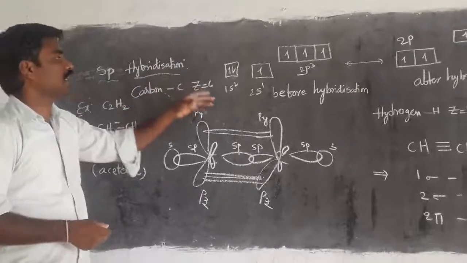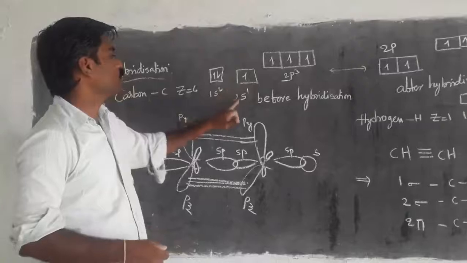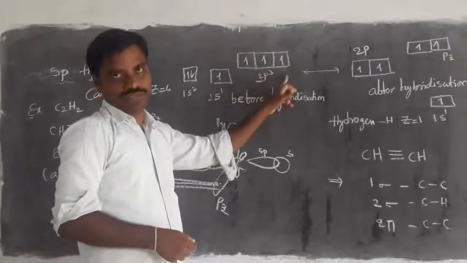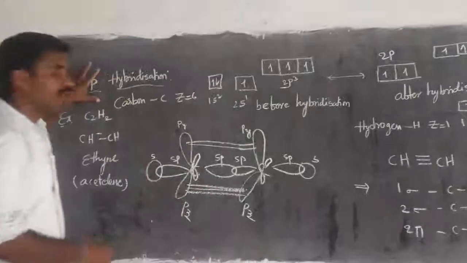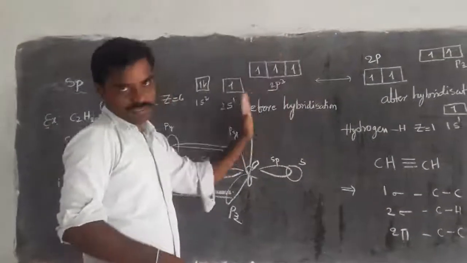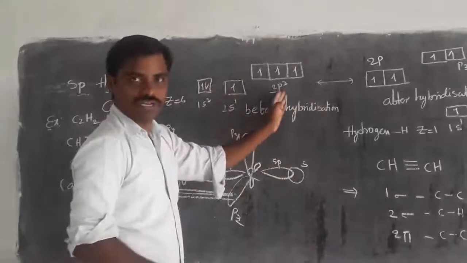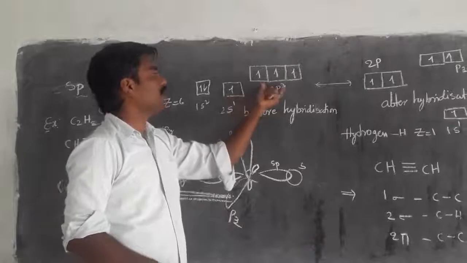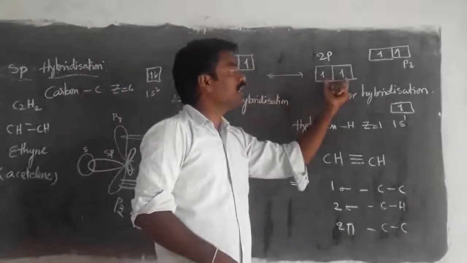For that, again we have to take the configuration of the excited state: 1s2, 2s1, 2p3. Then the type of hybridization is sp hybridization. That means in the outermost shell, where the 2s orbital and 2p orbitals are there, only two are participating in the hybridization.